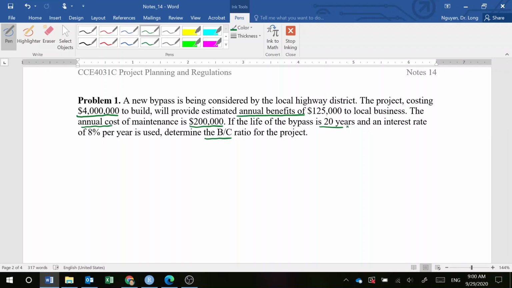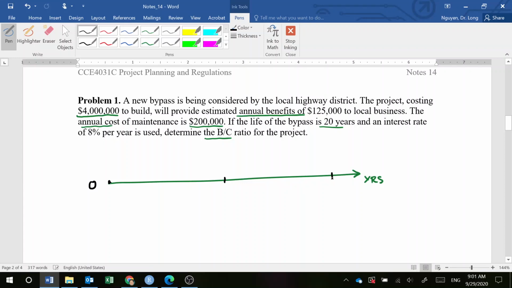So let's draw the cash flow diagram for 20 years. The time scale is years, starting now at time 0, for 20 years.